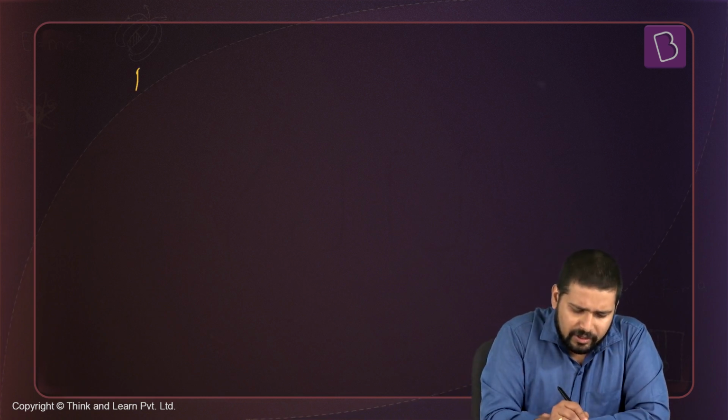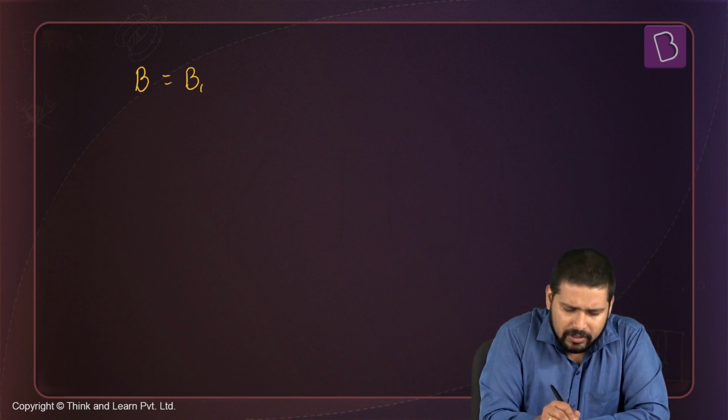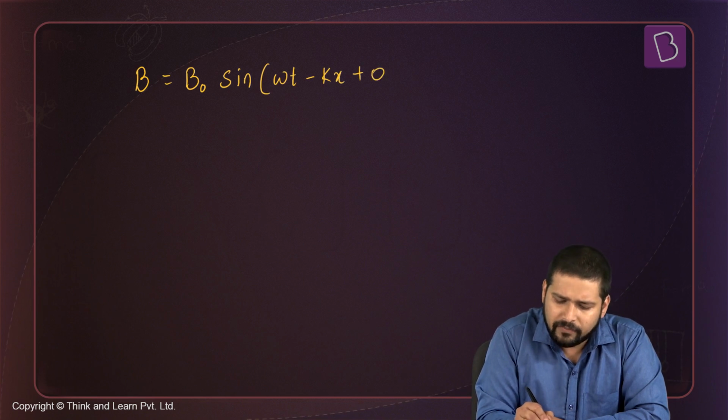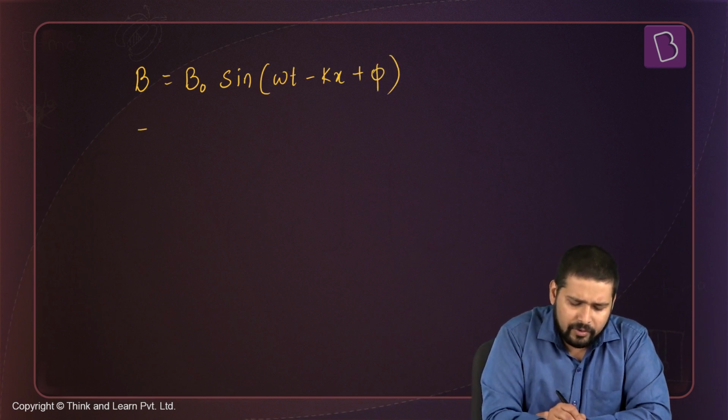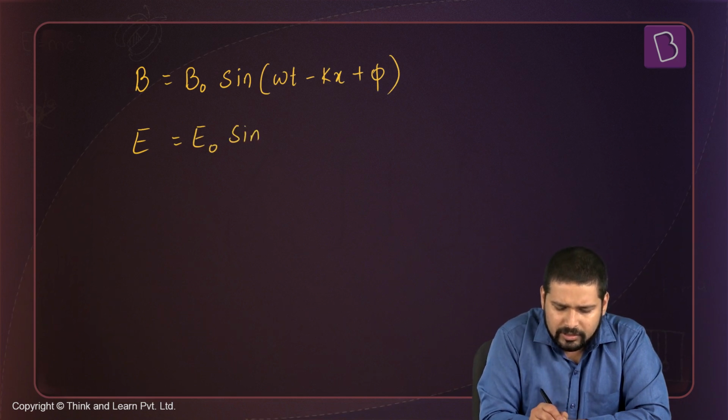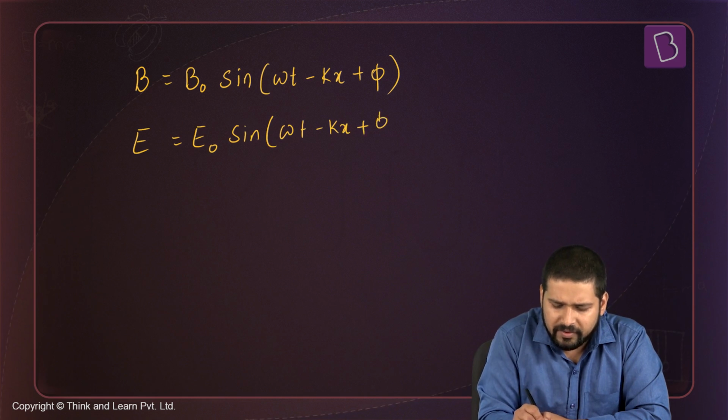So B is generally expressed as B naught times sine omega t minus kx plus phi, right? And the expression of E will be equal to E naught times sine omega t minus kx plus phi.